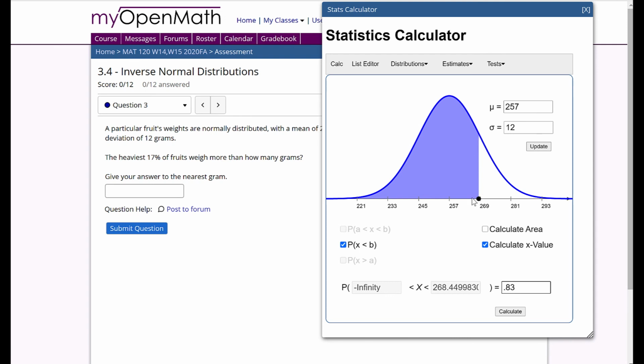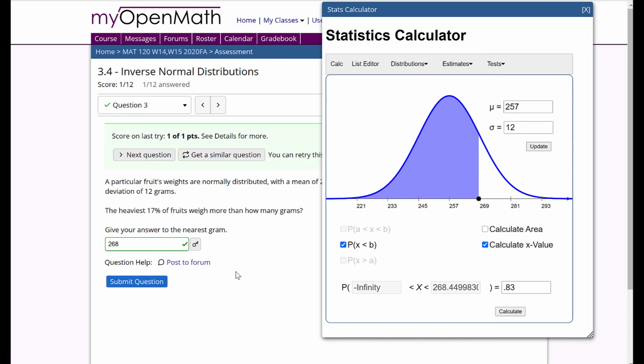So all we need is this value right here. So we can use either input probability. We can use 17% if we were able to use an area to the right, or we can get the lower 83% for the area to the left, which is how we have to handle that. So 268 is the answer to that question.